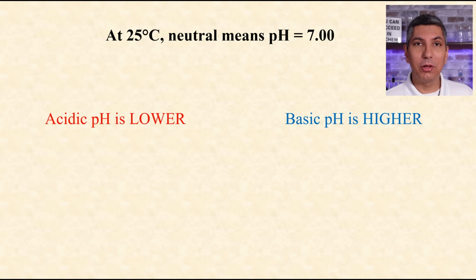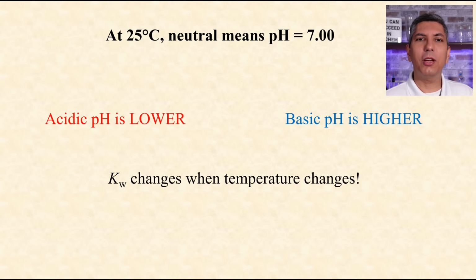Just like any equilibrium constant, when you change the temperature, you change the constant. So at warmer temperatures, the Kw value goes up. So pure water at higher temperatures has a pH a little lower than 7, but it's still neutral. We can say the opposite for colder temperatures.